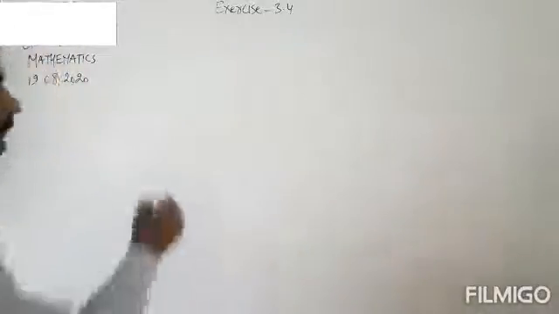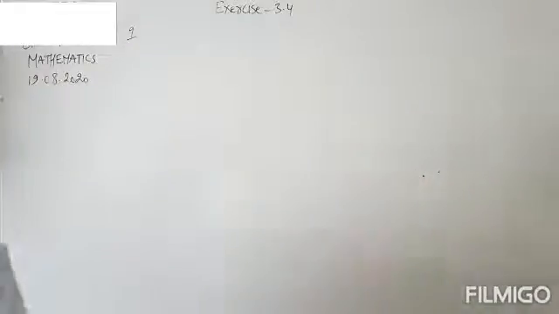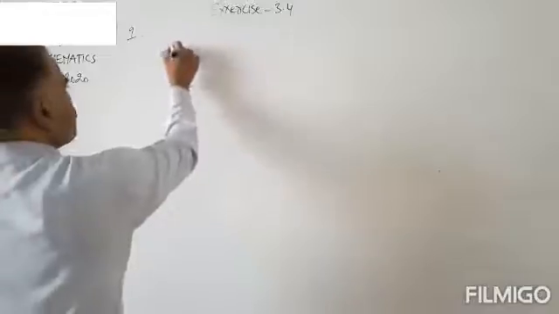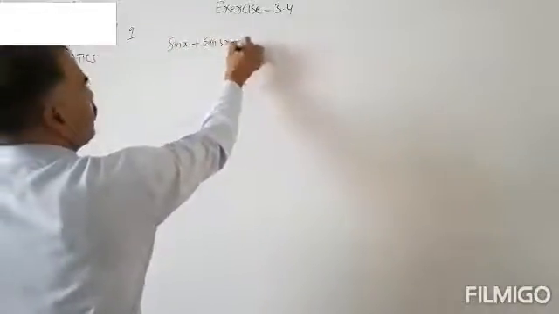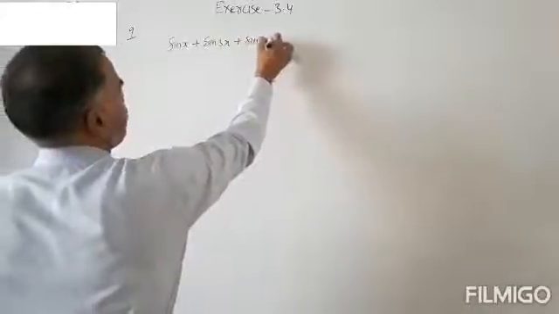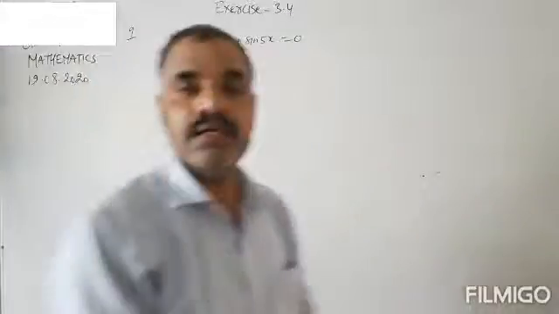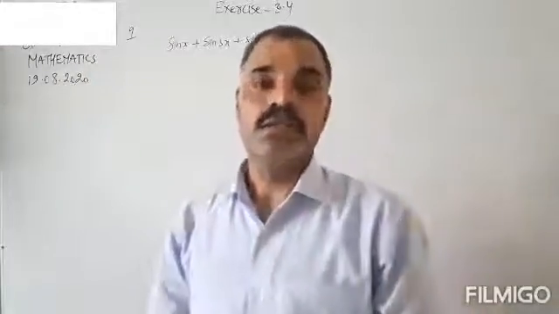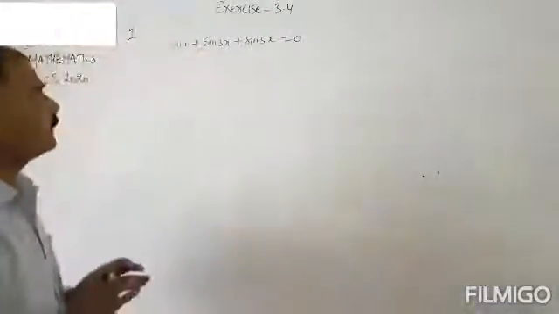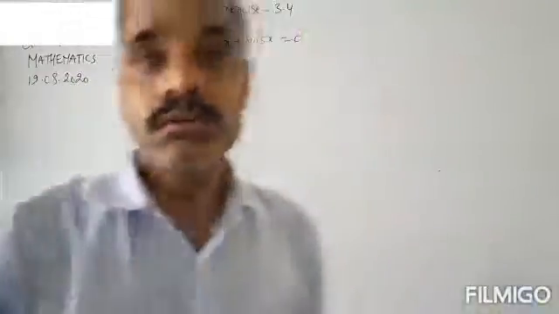Question number 9: sin x plus sin 3x plus sin 5x. We have to find the general solution of this trigonometric equation. Sin x plus sin 3x plus sin 5x equals 0.